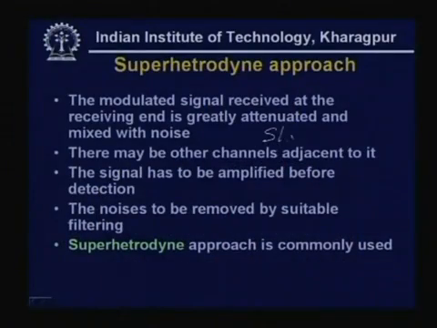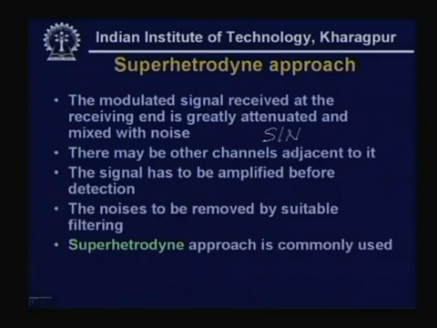So, at the receiving end, the signal to noise ratio is very poor, and the signal level is very low. Moreover, there may be many other channels adjacent to the signal. That means you will be using some kind of frequency division multiplexing. A number of channels may be transmitted, very close, side by side. In such cases, recovering the signal may be a little difficult.